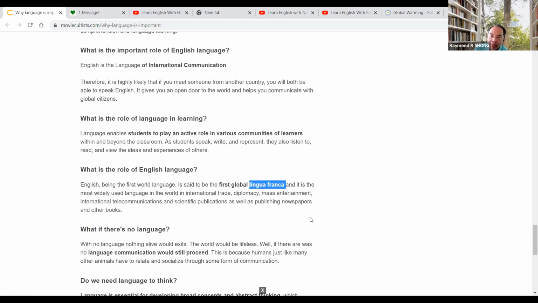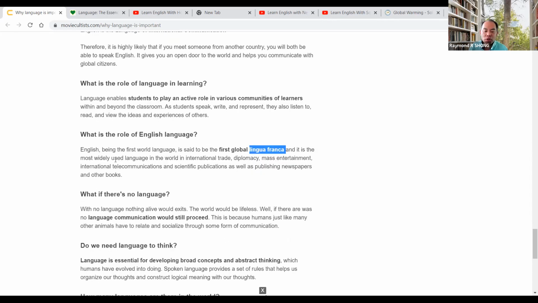Or a person who speaks Tamil and Mandarin cannot understand one another, so they will use English as a common language to talk to one another. So all of them will start to use English as a common language.